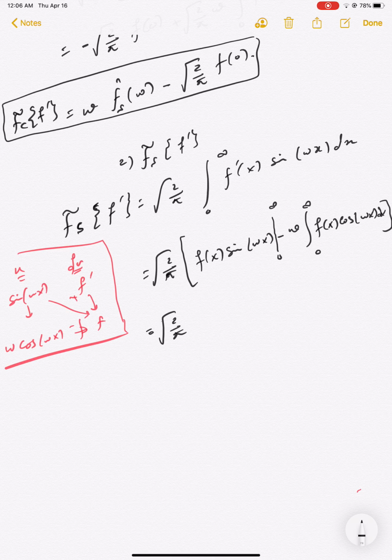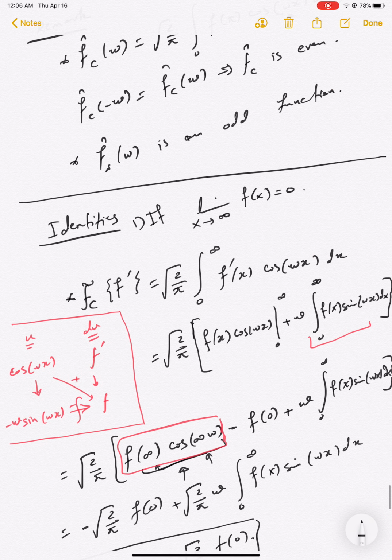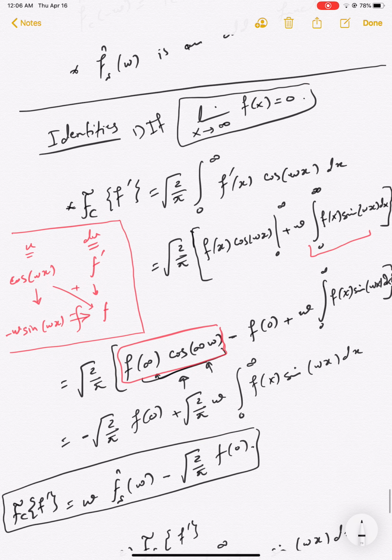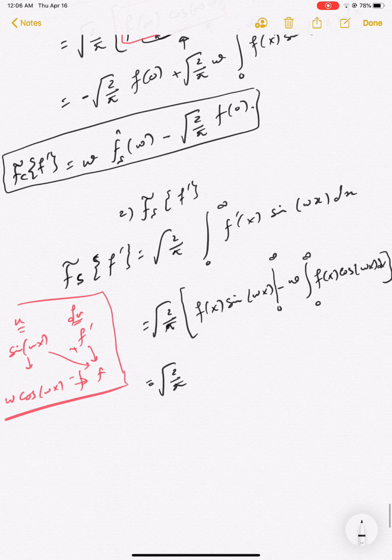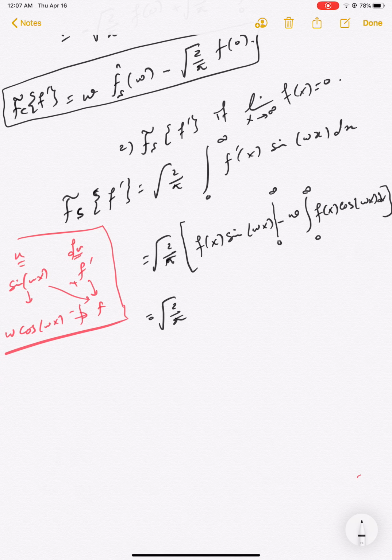You will get f of infinity times sine infinity, and that's 0, assuming what? Assuming my assumption here: the limit as x approaches infinity of f of x equals 0. Then when you substitute the infinity, you get 0.